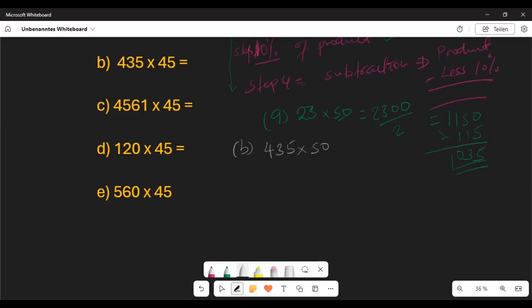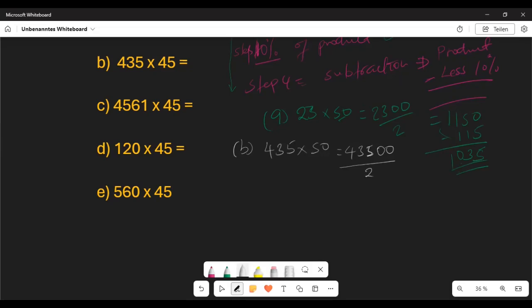And if you remember, for us to multiply any number by 50, we multiply that number by 100 and divide by 2. So in this case, 435 multiplied by 100 will give us 2 zeros. And now we're going to divide that one by 2.